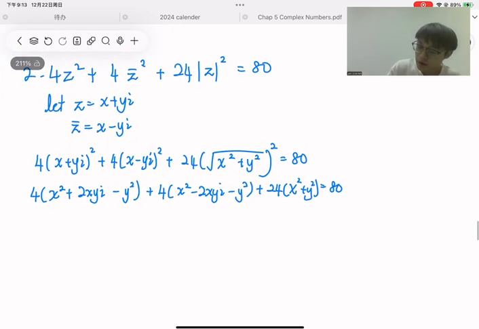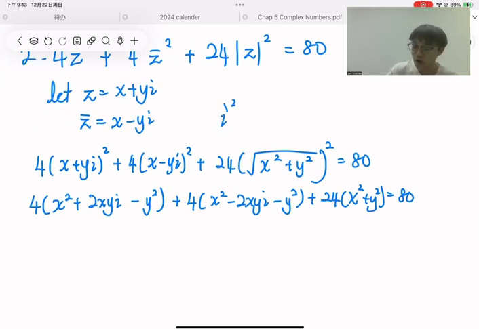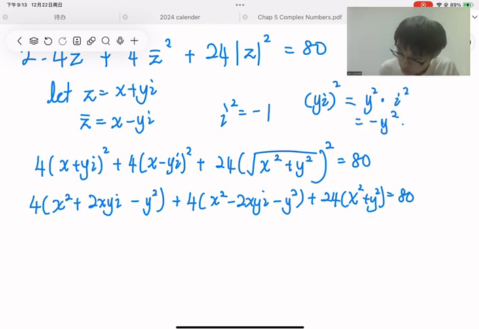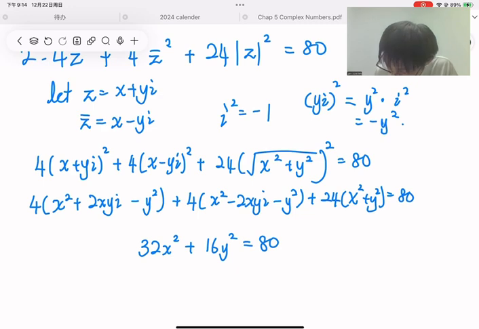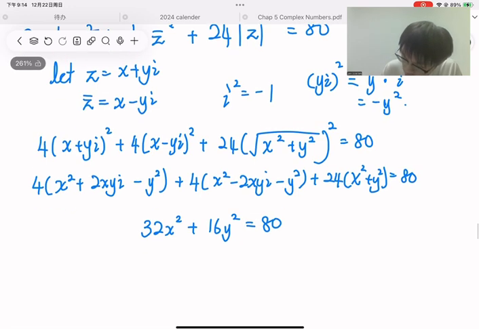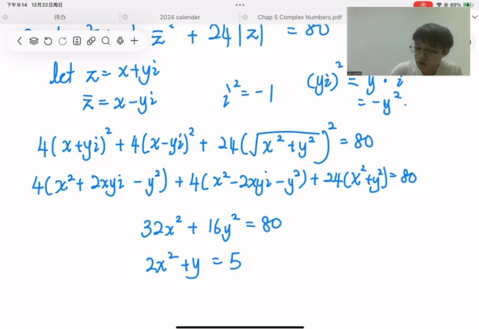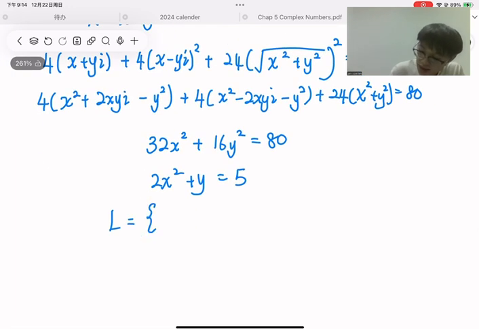The one thing you need to remember is i squared equals negative 1, so y squared times i squared is negative y squared. So we simplify the equation. After the simplification, we get 32x squared plus 16y squared equal to 80. We divide by 16, so we get the equation 2x squared plus y squared equal to 5. So the equation of our locus is x and y such that 2x squared plus y squared equals 5.